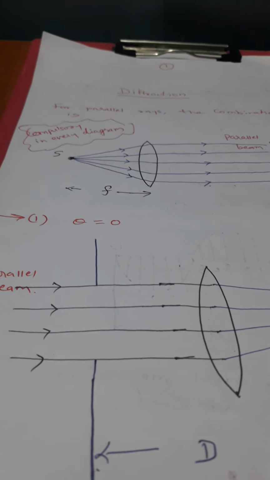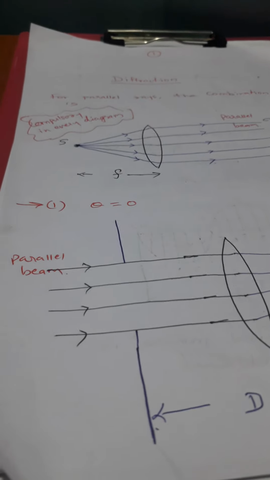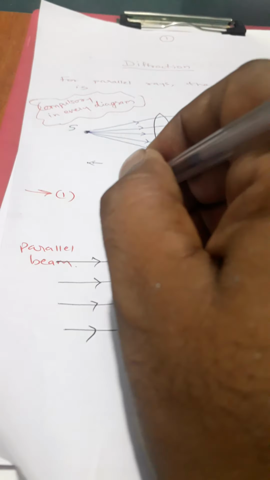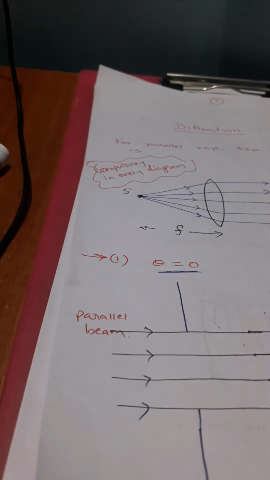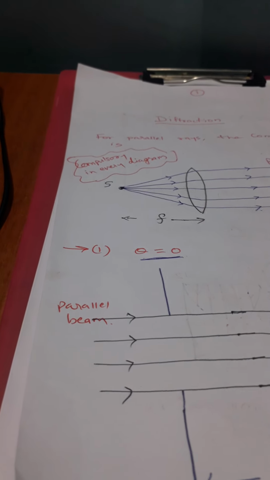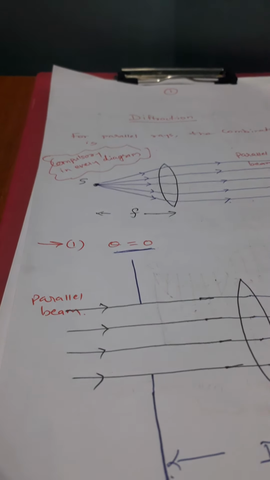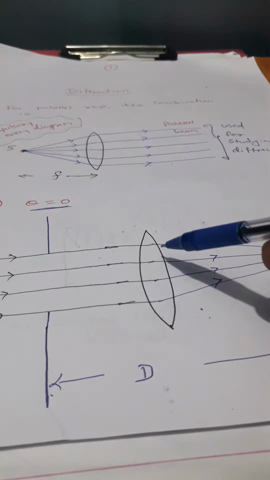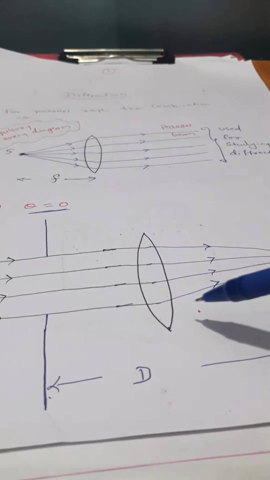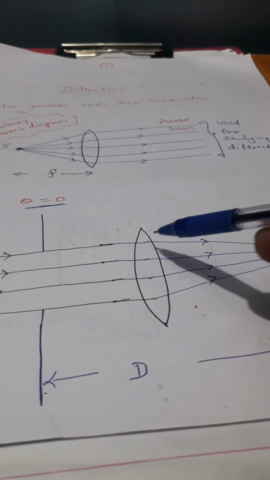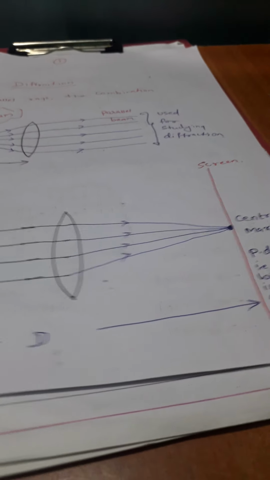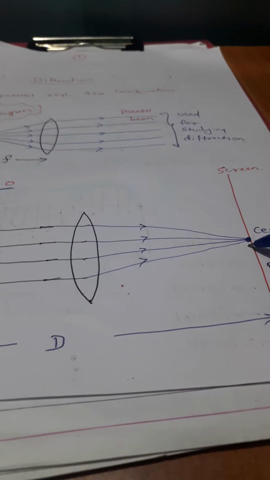Okay, now first diffraction, let us see. When theta is equal to 0, you are not inclining anything. Now if theta is equal to 0, see the placement of the lens, all the rays are falling onto the lens. Make sure it is a convex lens, so definitely it will converge at one particular point.